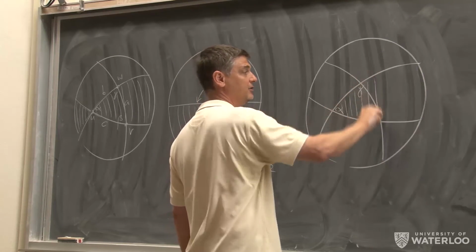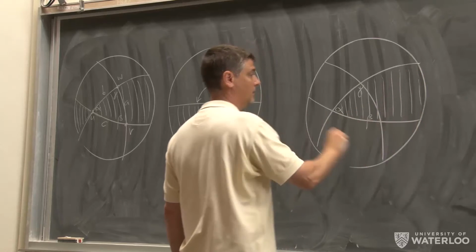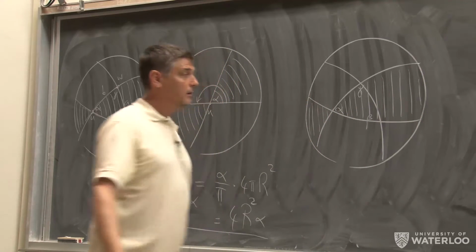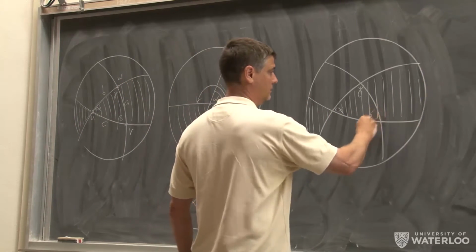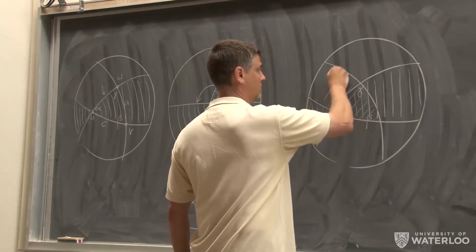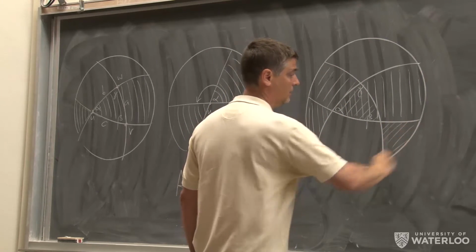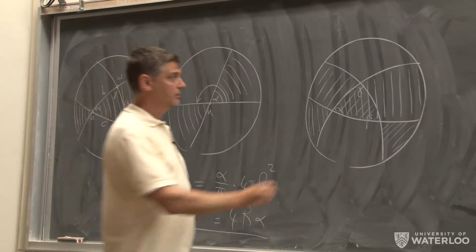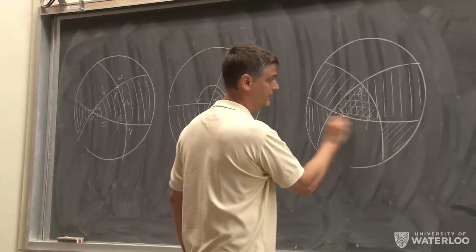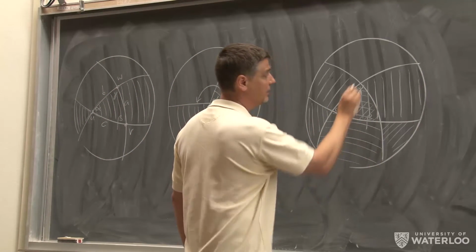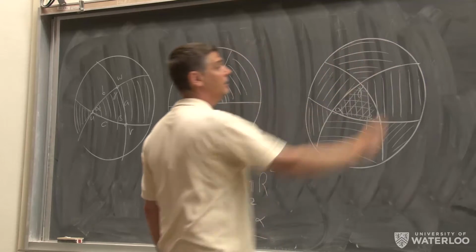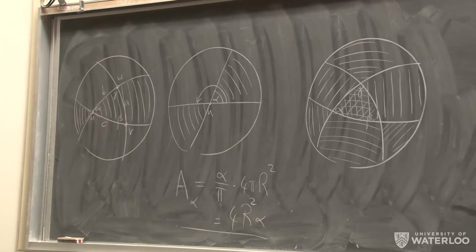Consider one alpha wedge, like so. One beta wedge, like so. And a gamma wedge, like so. And the alpha, beta, and gamma wedges that I've shaded, they cover the entire sphere, but they cover the triangle some extra times.